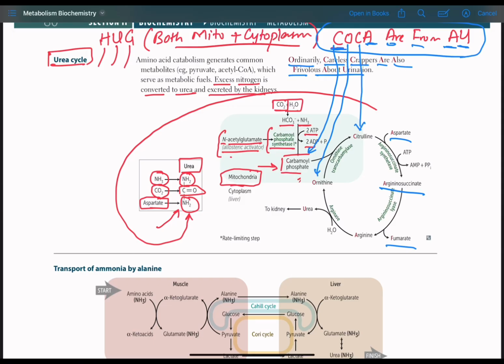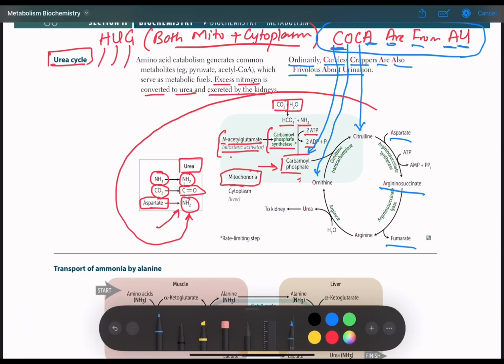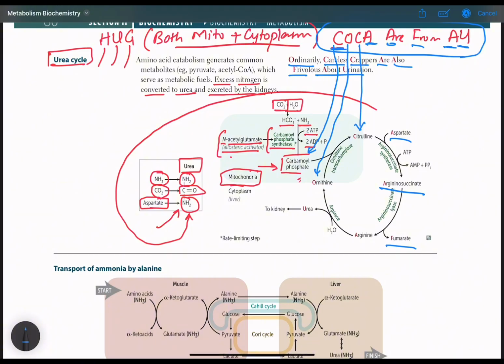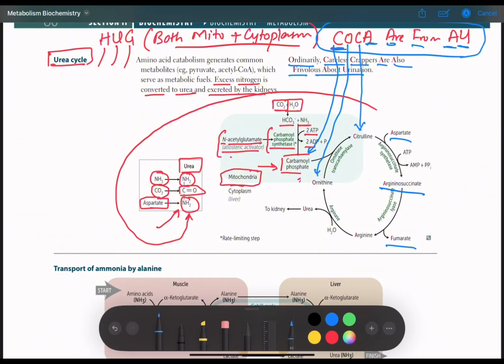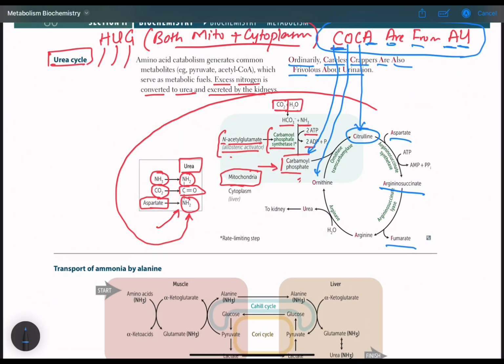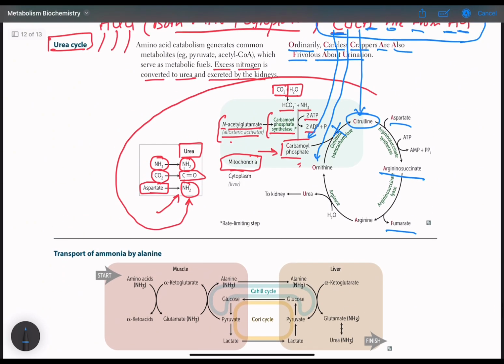Now, if there is any sort of disturbance in the urea cycle, or an enzyme is deficient, for instance, if we have an ornithine transcarbamylase deficiency, we will have increased ammonia and signs of hyperammonemia, because the ammonia will not be handled properly or converted into urea.